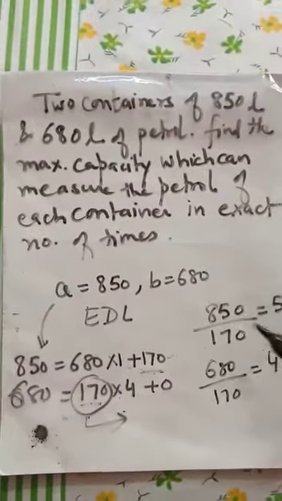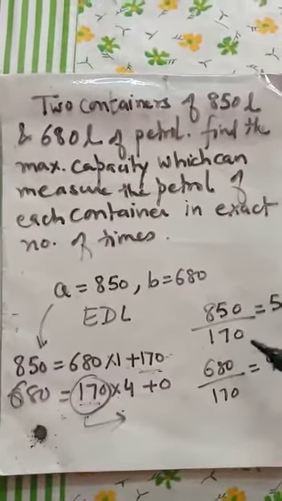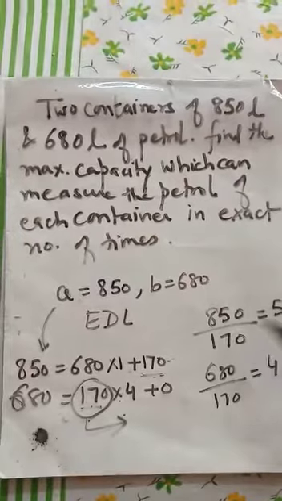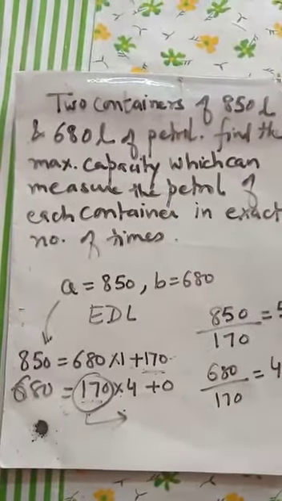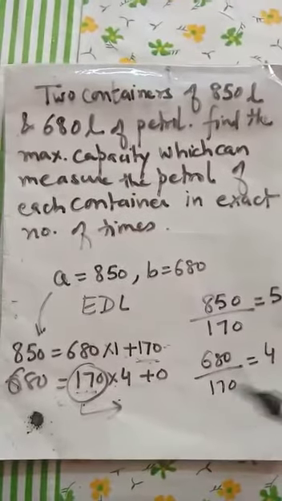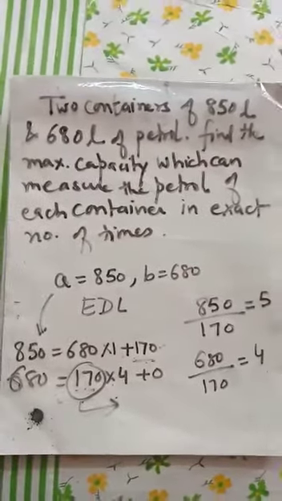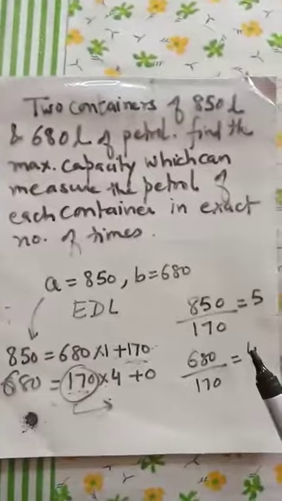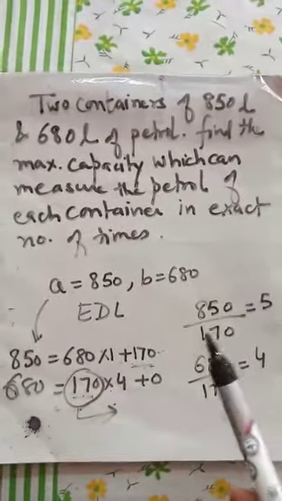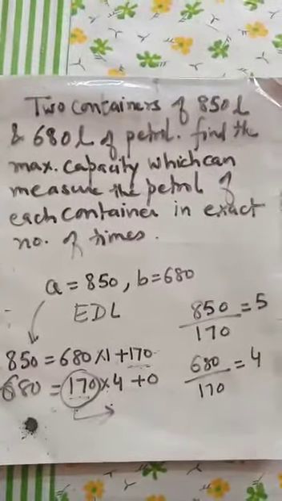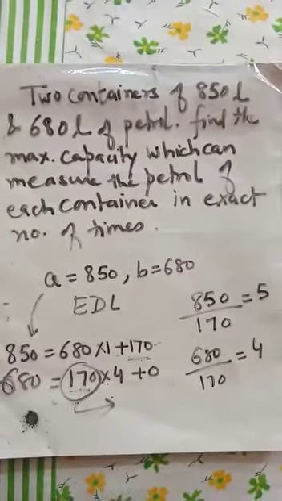That means if we measure 850 liters with a 170 liter container, it will take 5 times. So I can measure 5 times and get 850 liters, and I can measure 4 times and get 680 liters. That means what I'm trying to show here is that we have to find out HCF in such a question and not LCM, and this I've proved using your contradiction method.